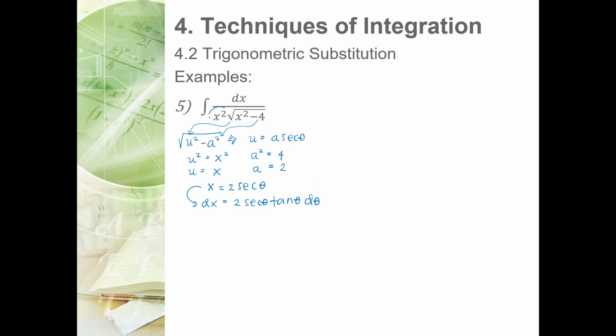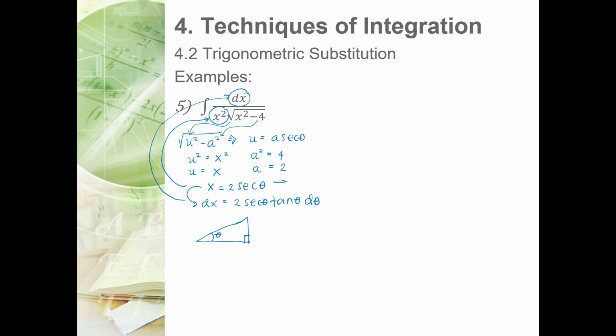So we can replace your x squared with the x here, which becomes 2 secant theta squared, right? Then dx here is your 2 secant theta tangent theta d theta. So the procedure repeats. It repeats so that you can internalize it. So next is the right triangle again.